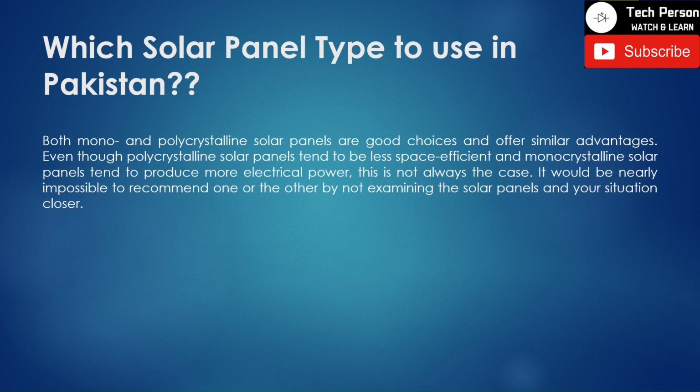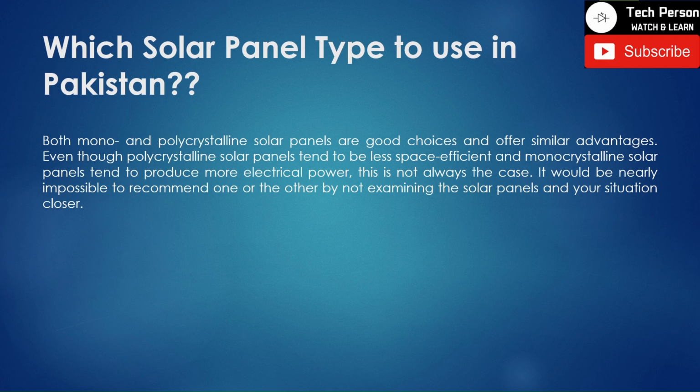If you are living especially in Punjab or Sindh, where the temperature will touch 40 degrees during summer, and it will not go into the negative during winter, in those areas your preference will be different.